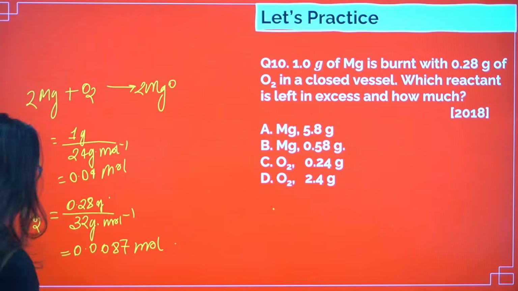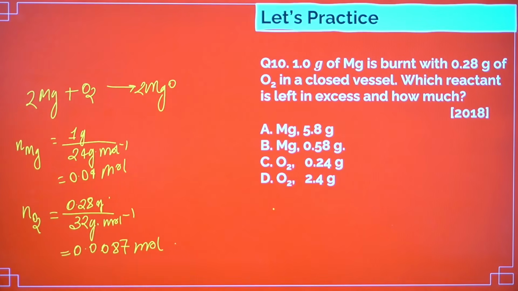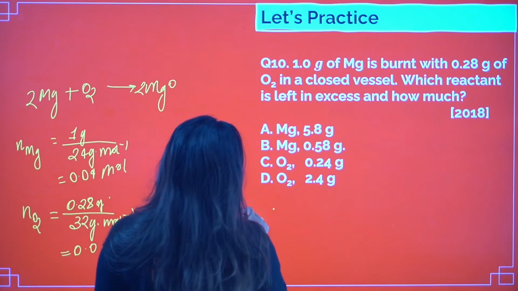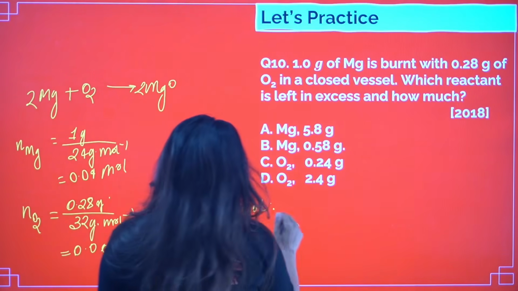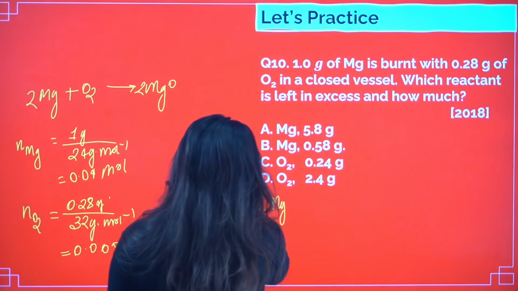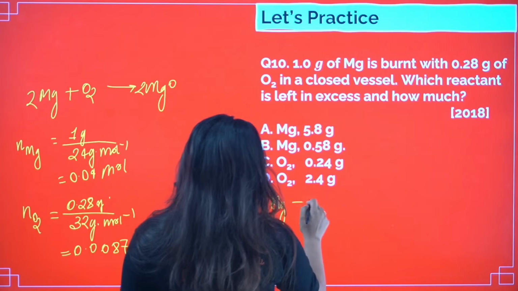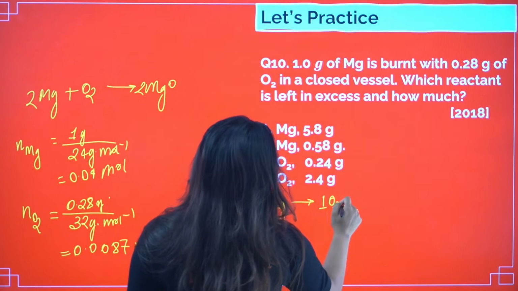So the number of moles we got. Now what do we have to proceed with? We have to find the limiting reagent. They are asking which reactant is left in excess and how much. Always remember that 2 mole of magnesium will always react with 1 mole of O2.